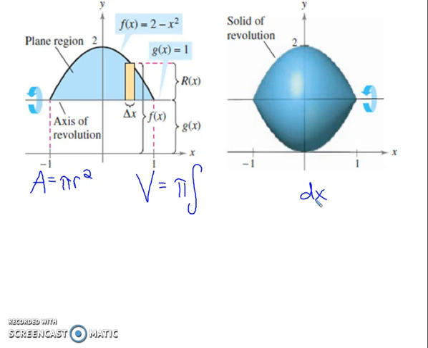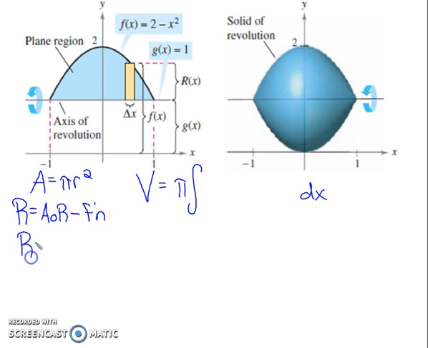So in this case, to find the length of this full radius that we have here, you're going to take the axis of rotation minus the function, and that's going to give you the length of your radius.